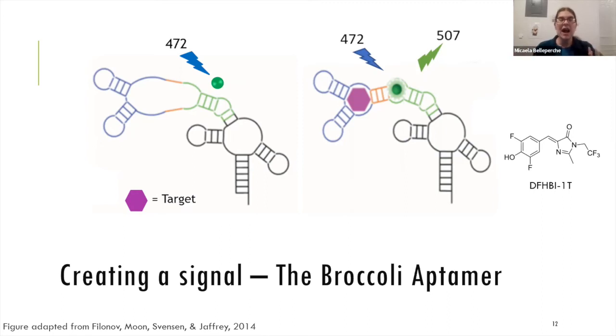By fusing our aptamer to the broccoli aptamer through a short transducer, we destabilize the broccoli aptamer. This creates a turn-on logic-gated sensor, so that only in the presence of our target, 8-oxo-GTP, is the full aptamer stabilized, allowing broccoli to bind its dye and create a fluorescent signal.